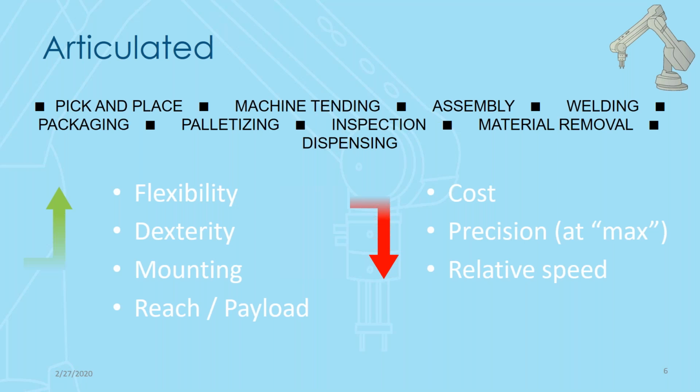Sometimes you even get 7 axis robots, which a lot of times give that one extra degree of freedom to do machine tending applications where you have to reach in or around objects, but we'll get to that.